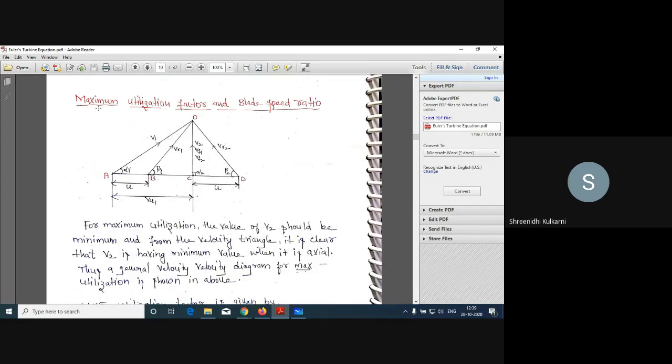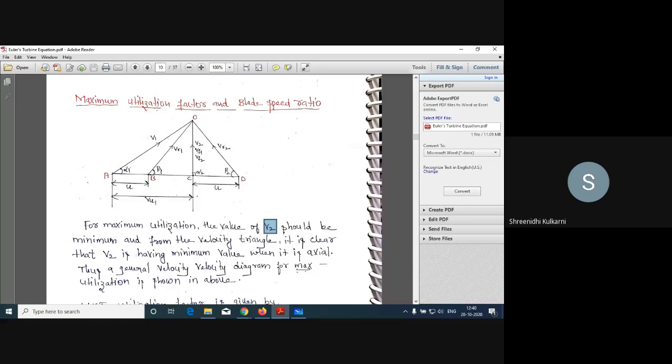We want the maximum. When will we get the maximum? Whatever this V2 is, which is the absolute velocity at outlet, it should be a minimum. If it is a minimum, we'll make V2 completely 0.